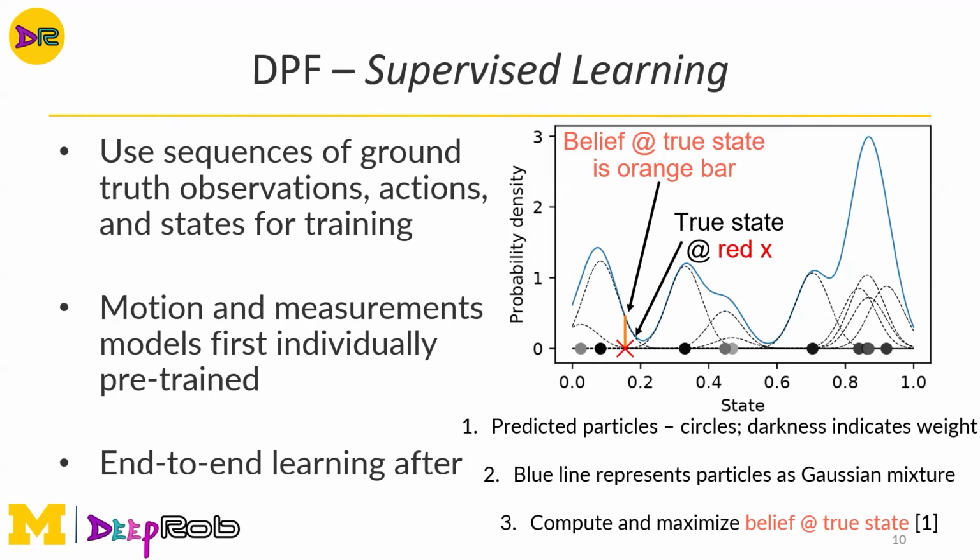And then from these particles, you're able to convert to a Gaussian mixture, which is the blue line. And then from this blue line, we can determine the belief at the true state, which can be seen as the orange bar. And to train the model to optimize for this belief at the true state, we maximize the belief using maximum likelihood estimation.